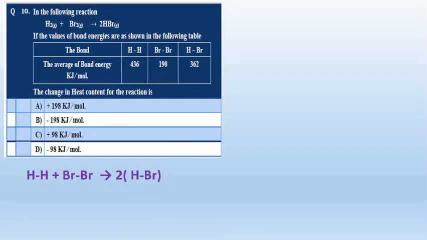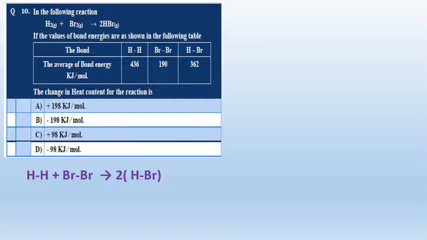Firstly, you must draw your equation in structural form: H bond H plus Br bond Br produces 2 H bond Br.